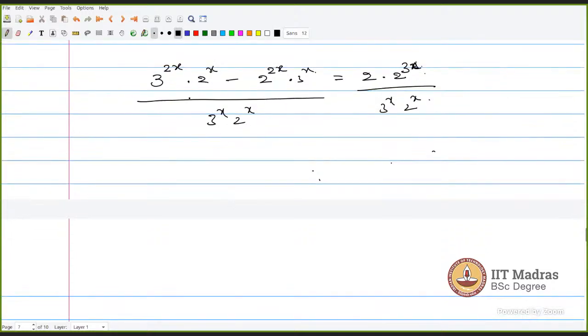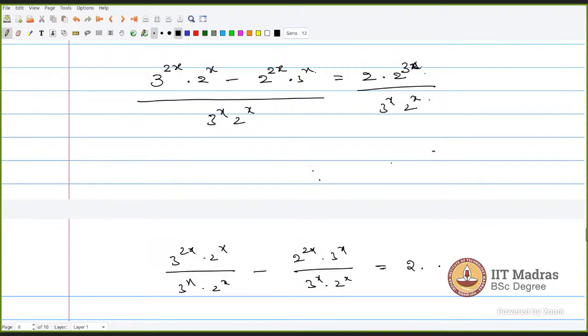Once I divide it, the left hand side I can split as 3 power 2x times 2 power x divided by 3 power x into 2 power x, minus 2 power 2x into 3 power x divided by 3 power x into 2 power x, is equal to this side also 2 times 2 power 2x by 3 power x. So just 2 power x, and it will be 2 power 2x.